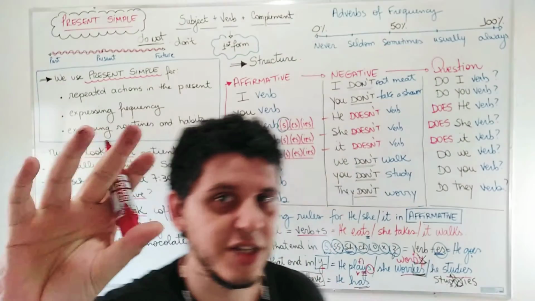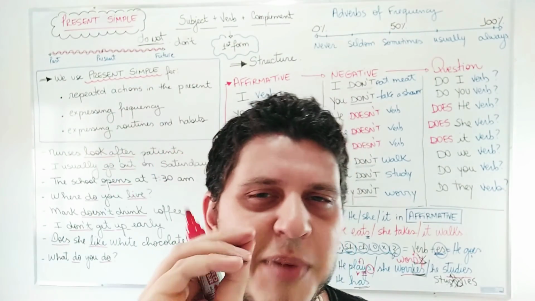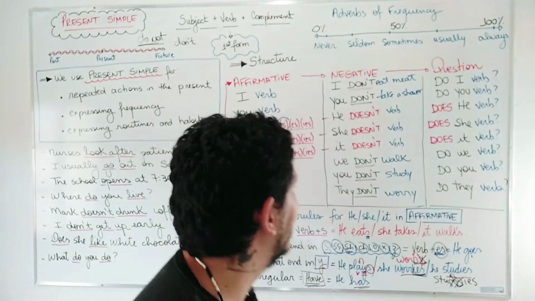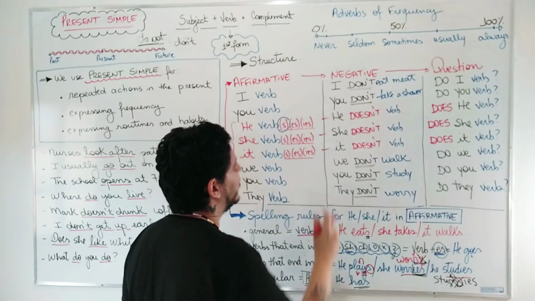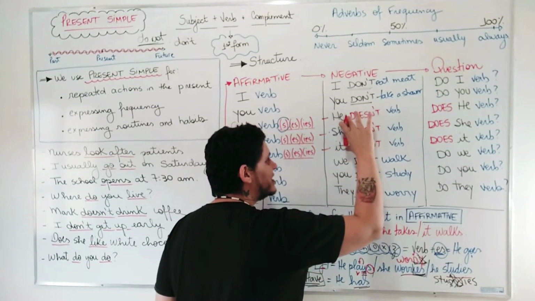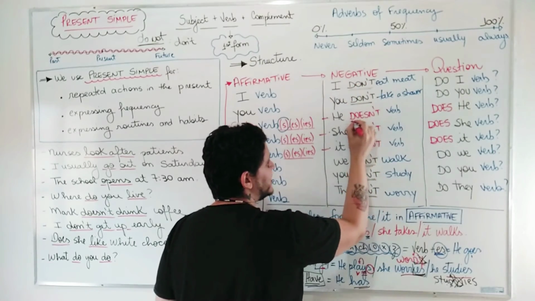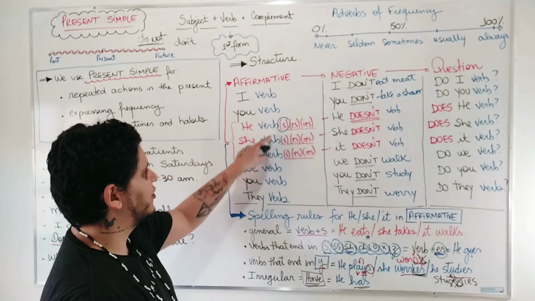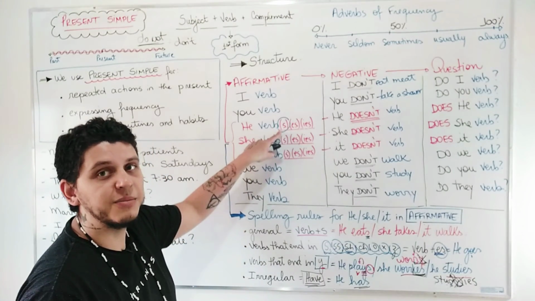The only difference we have now is for he, she, and it. Pay a lot of attention now, please. When we have he, she, it, we can't use don't. We have to use doesn't. Why is that, teacher? Remember that in the affirmative, we changed the verb.